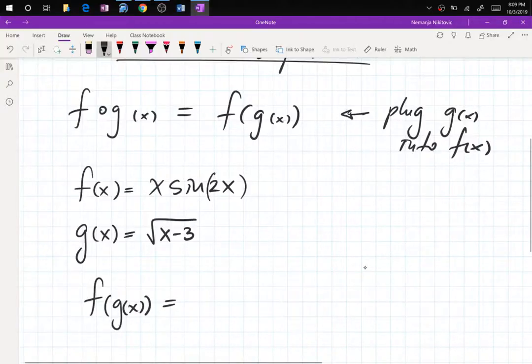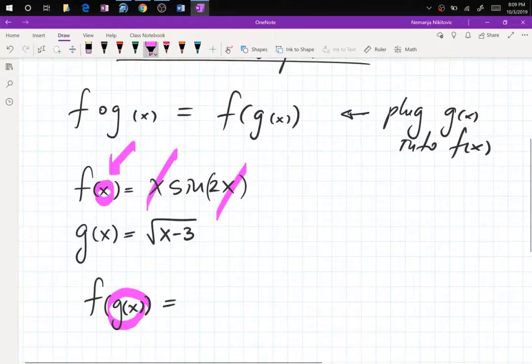Now, f is this x sine 2x. So when I am plugging g into f, you see how I replaced, this is very important to see, I am replacing this x with g of x. If I'm replacing that x with g of x, that means that each one of these x's has to be replaced by g of x.